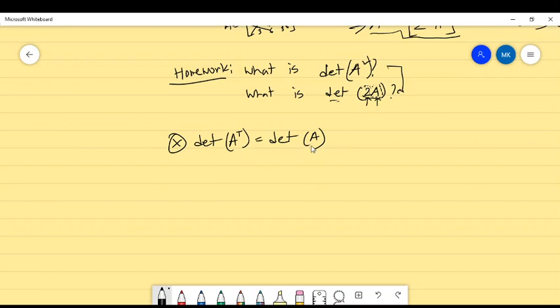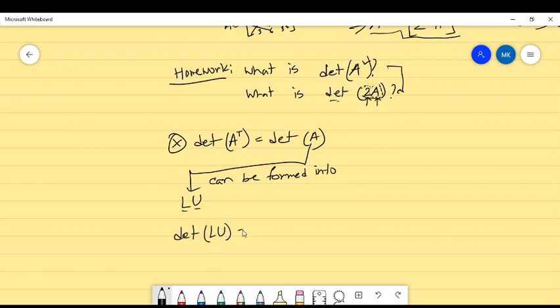As you all know, any matrix A can be factored into LU, a lower triangular matrix times an upper triangular matrix. So the determinant of LU, according to rule 9, is the determinant of L times the determinant of U.